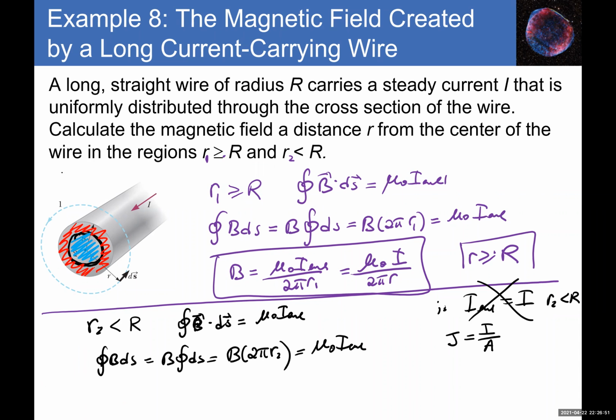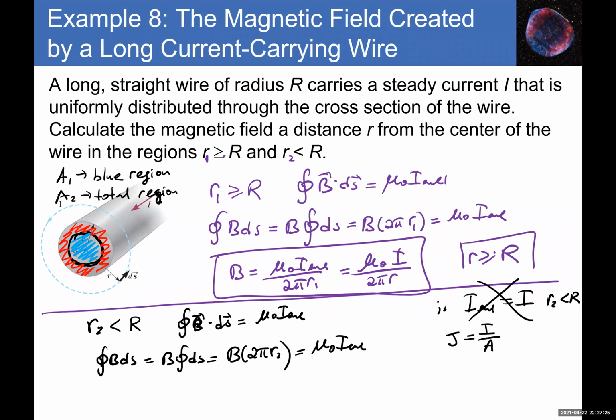Let me say that area one is the blue region, and area two is the total region of the conductor. That means A1 represents only the region that I have for my Amperian loop, and A2 is the total conductor region, the surface area of the conductor.